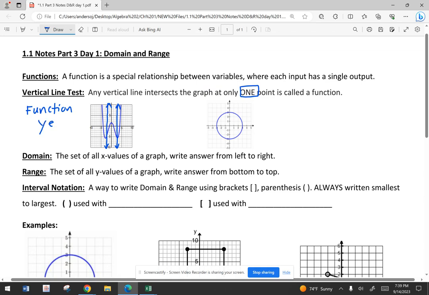So this is a function because it passes the vertical line test, where this would not be a function because when I draw that vertical line, it's going to hit that graph in 2 separate places.